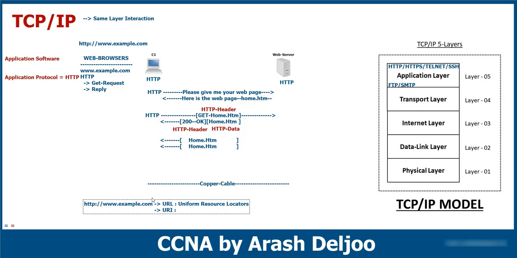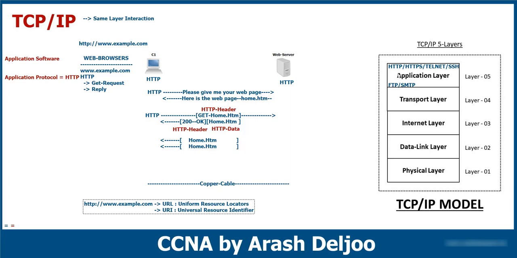URI is the abbreviation of Universal Resource Identifier. Both of them are the same. URL is the abbreviation of Uniform Resource Locator, and URI is the abbreviation of Universal Resource Identifier. We can say this is a URL or this is a URI.